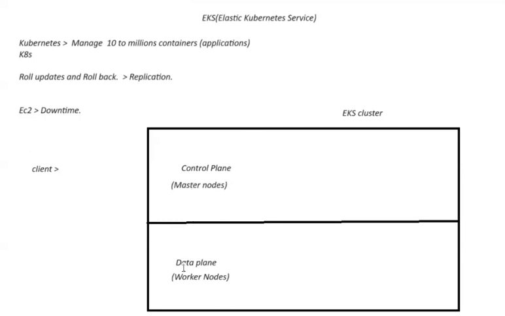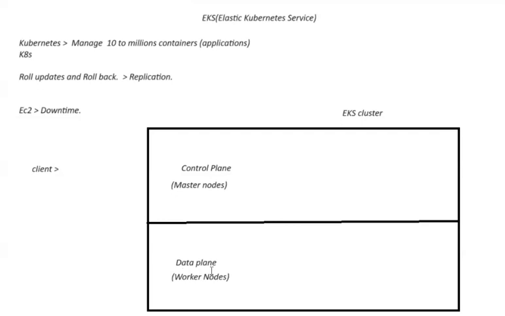Everything related to worker nodes is maintained by the master nodes. So the professional musicians in the control plane control the data plane musicians, and the client at the seat can listen to the beautiful music coming from the worker nodes.